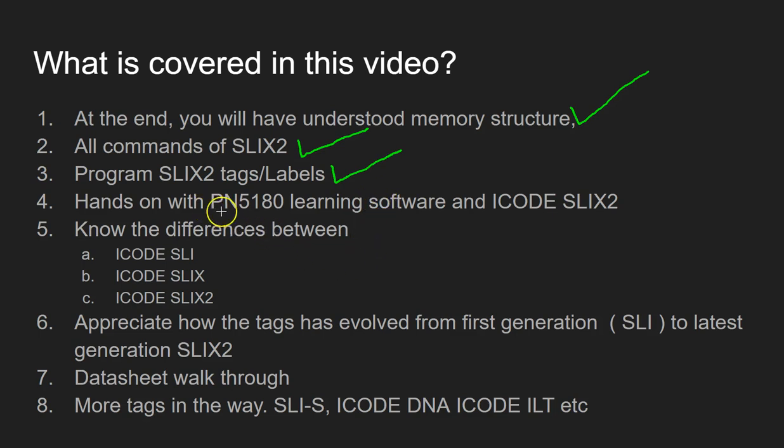I'm going to show you using my learning software how all these commands work, and this demonstration will probably be in my next video. You're going to know the differences between the ICODE SLI, SLIX and SLIX2, and with this you're going to appreciate how the tags have evolved.